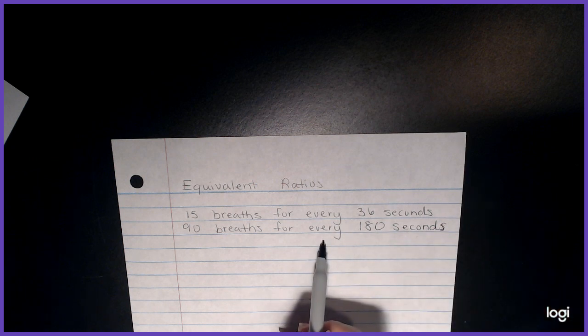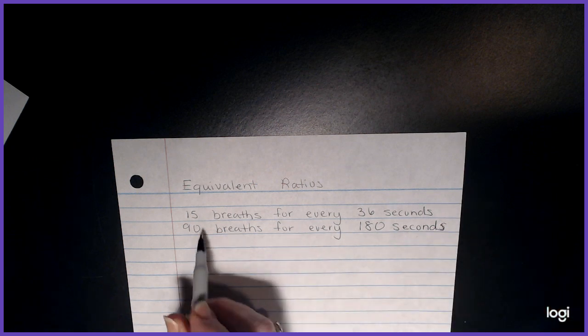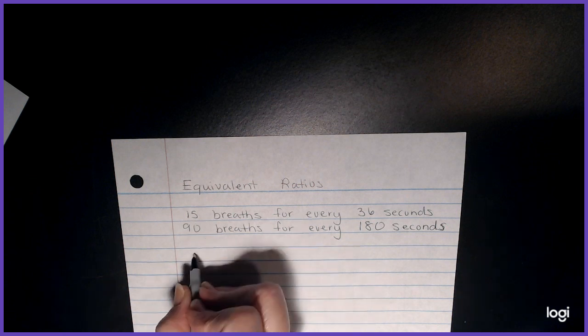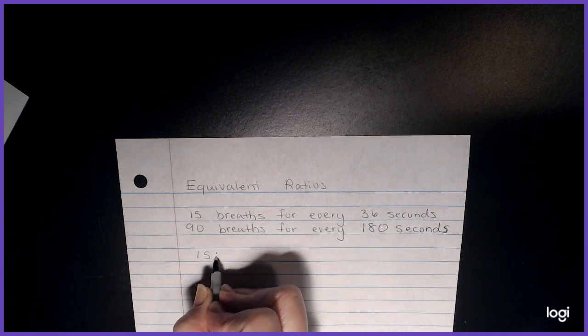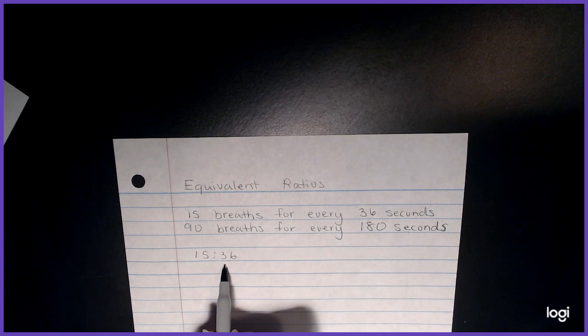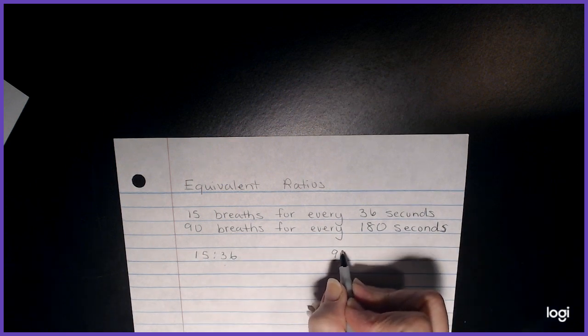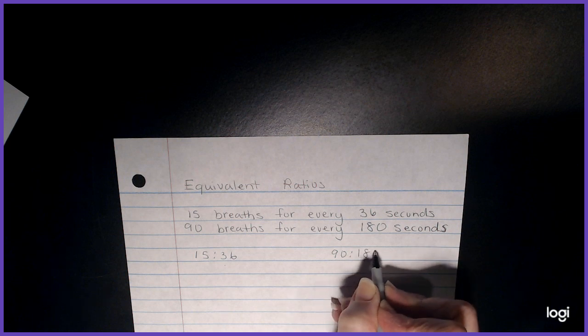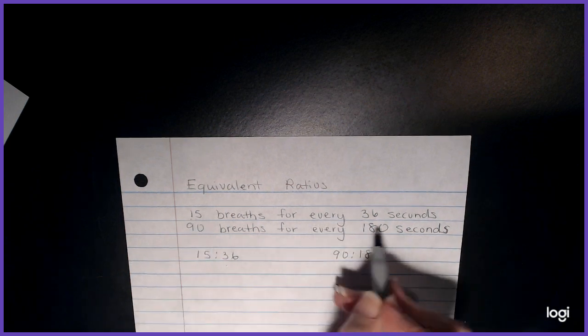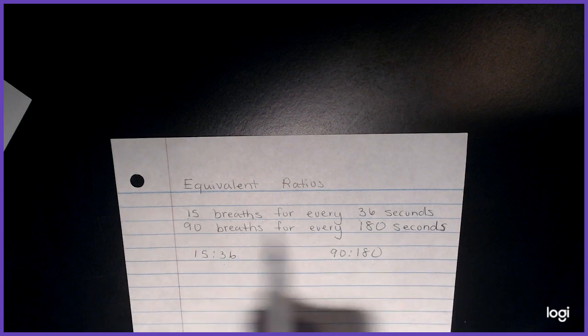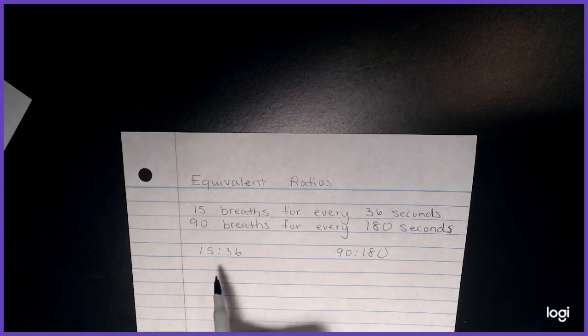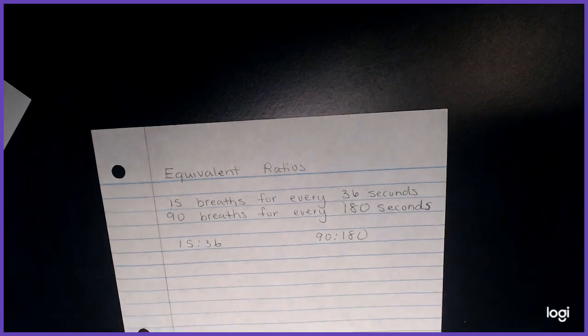So what I would like for you to do in your notes is find out if 15 to 36 is equivalent to 90 to 180. So we had 15 to 36 and 90 to 180. Are these two equivalent ratios?